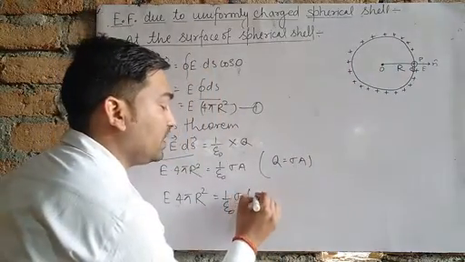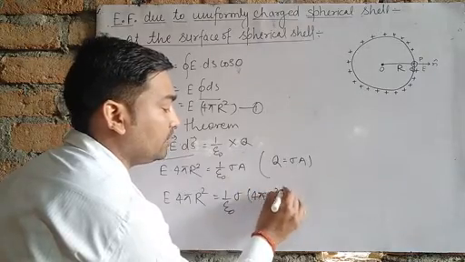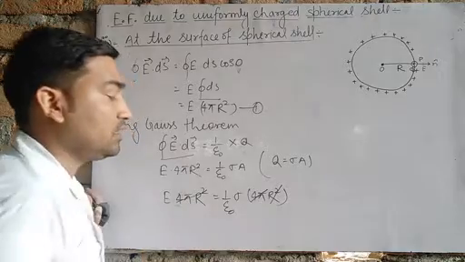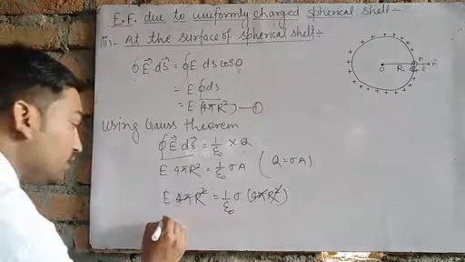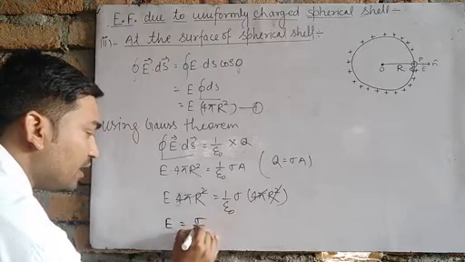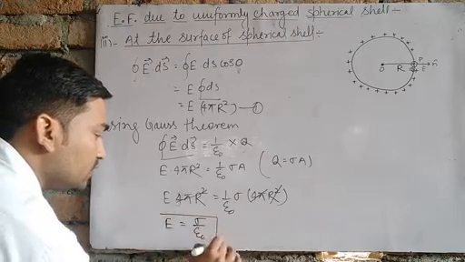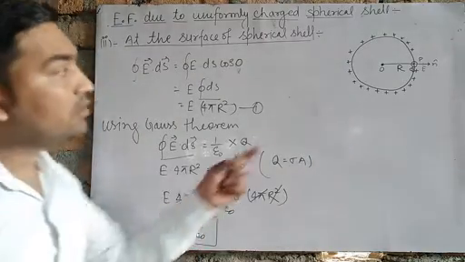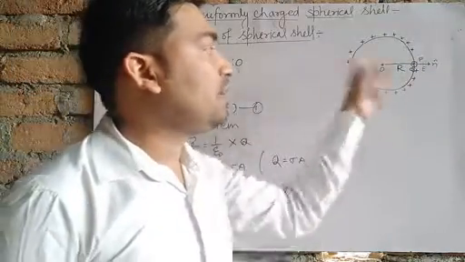The area of the spherical cell is 4 pi r square. The r square and 4 pi cancel each other, and E is equal to sigma upon epsilon naught. This is the formula for the electric field at the surface of a spherical cell.